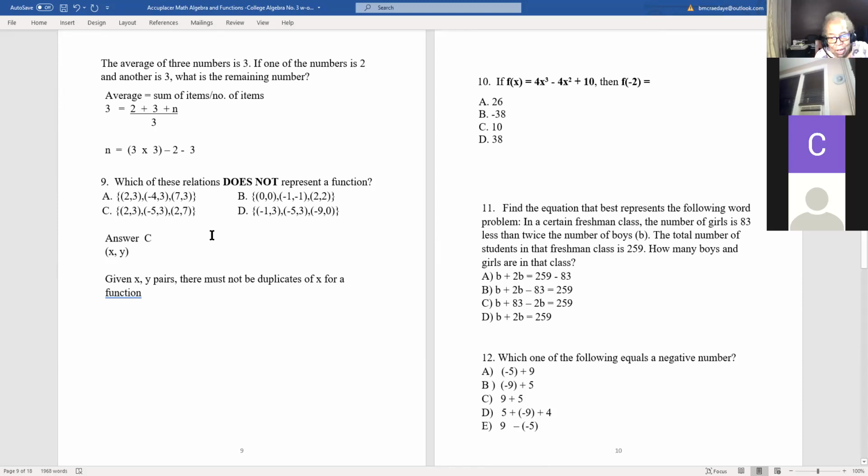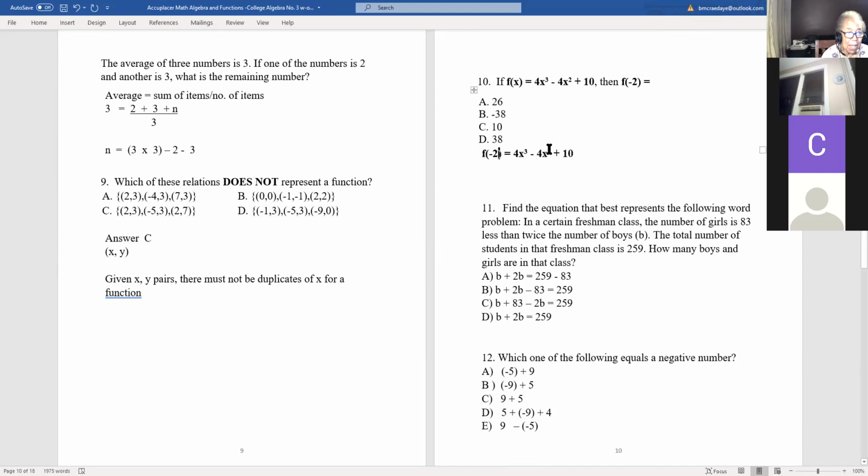Now we just have one more we want to do, and that's also functions, and that's a substitution. See if you can do this one. Wherever you see an X, I want you to put a -2. So this is f of -2.